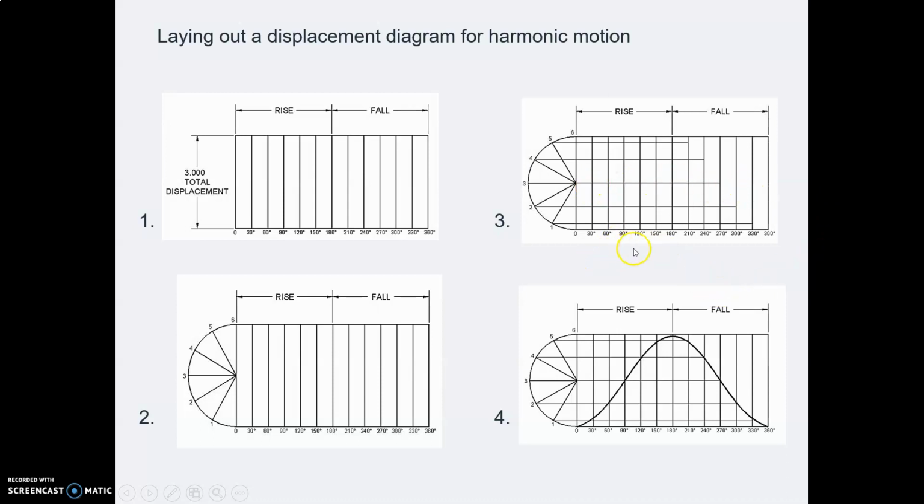And then where those lines intersect your vertical lines, which represent degrees, make a point and connect the dots. So here's 30 degrees. Let me do it in picture 4. This first line is 30 degrees. There's where it intersects the 30-degree mark. The second line is 60 degrees. There's where it intersects the 60-degree mark, and so forth.